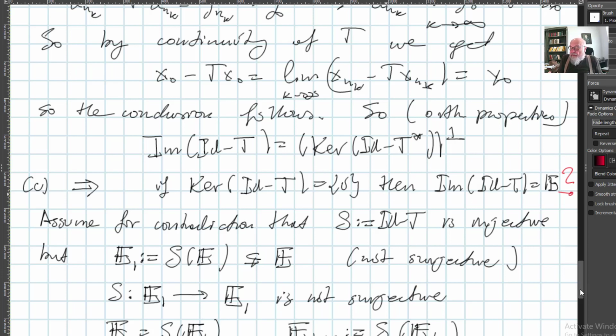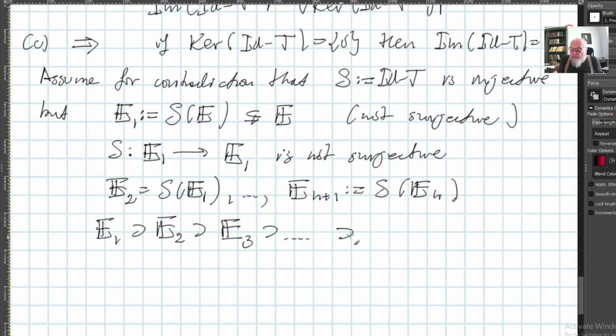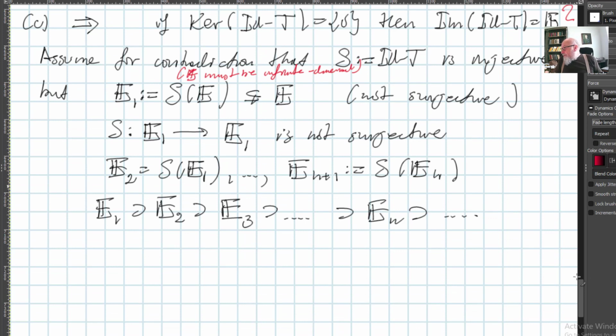If we have such a claim for contradiction, that means this is an infinite sequence, definitely, and the space E must be infinite dimensional, because otherwise it will contradict linear algebra.